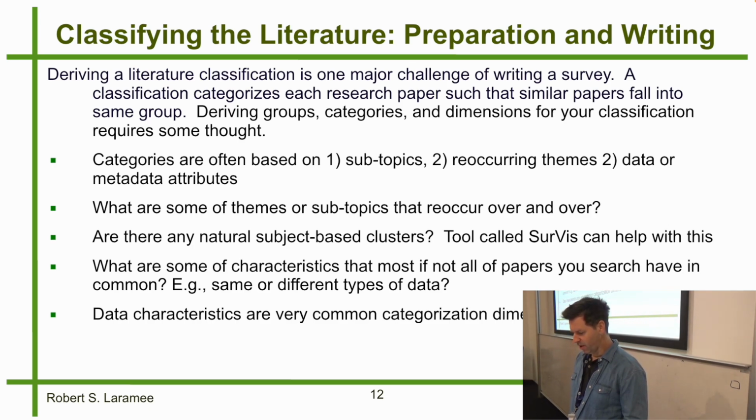What are some of the characteristics that most, if not all, papers have in common? Same or different types of data. So data is a very common categorization dimension. Subtopics are also a very common classification dimension. Those are probably the two most common.